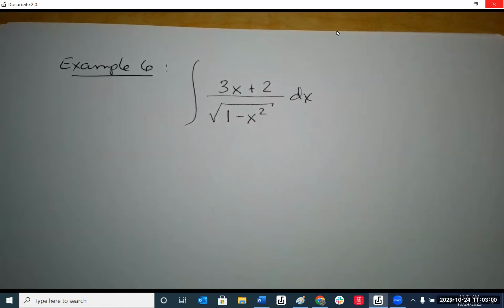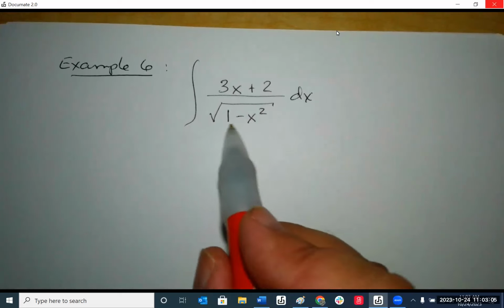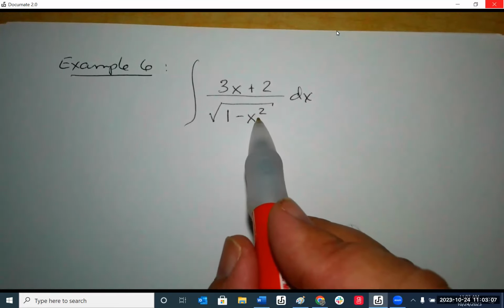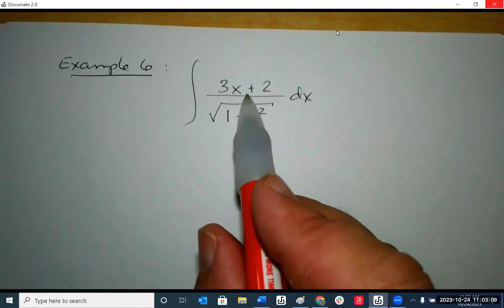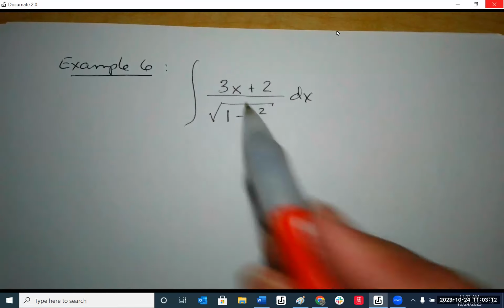Okay, in this example, we have a radical on the bottom, and it's in the form a squared minus u squared. But is the top in any way, shape, matter, form du?